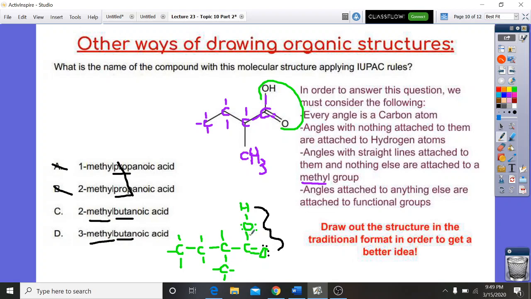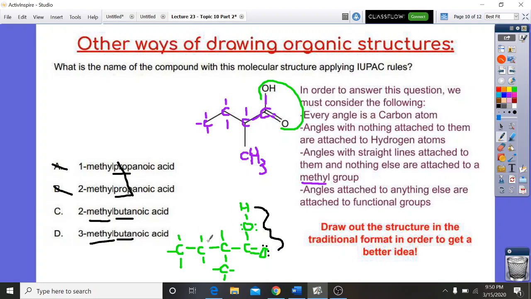So if we go 1, 2, 3, 4, then our methyl is on the second group. If we go the other way, this wouldn't make any sense because then we would be suggesting that there's just an anoic group with a C bonded to it connected to the edge here.